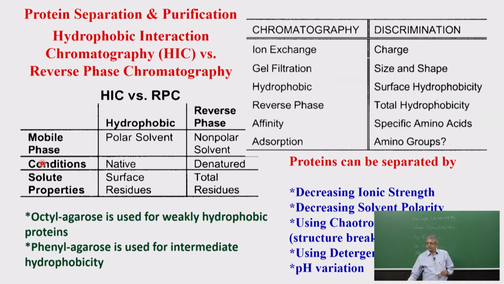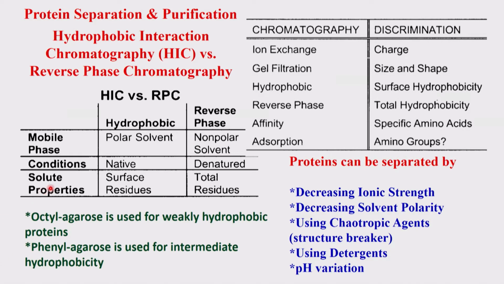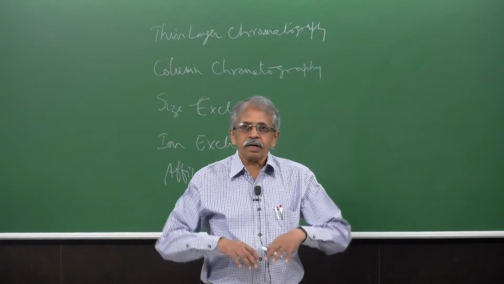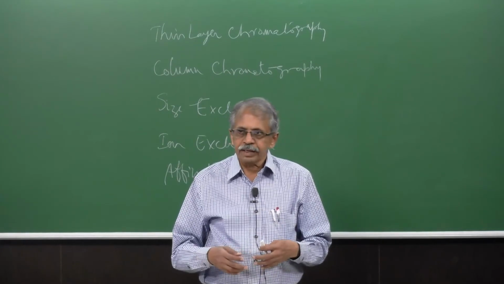In case of reverse phase, because you are using a non-polar medium, the internal interactions which hold the protein structure break, and breaking that protein structure is basically referred to as denaturation. I am sure everyone knows denaturation. If you do not, please look at the meaning from the literature, information that is easily available everywhere.